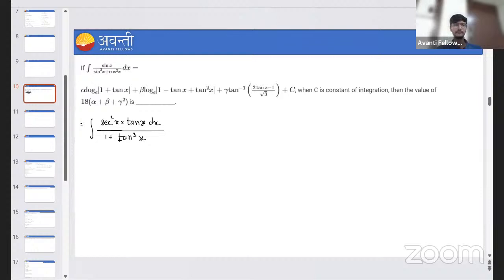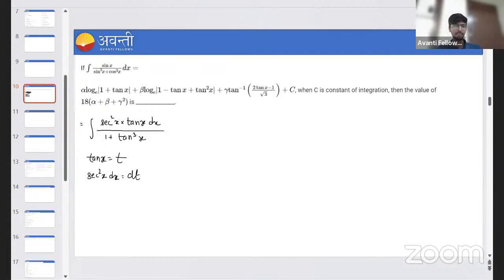Correct? What we can do here? We can put tan x equals t. Standard substitution. That means sec square x dx will be equal to dt. Am I right? Then what will my integral become?